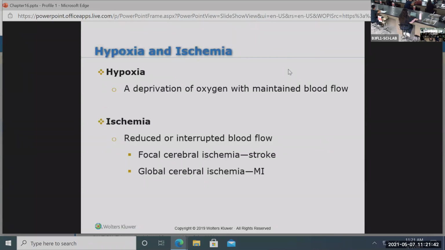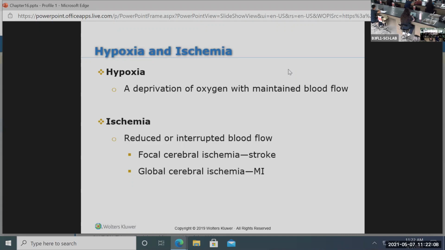Okay, highlight. Conditions called hypoxia and ischemia. We know all those things. Hypoxia is a privation of oxygen with maintained blood flow. Blood flow is there, but that blood doesn't carry enough oxygen.